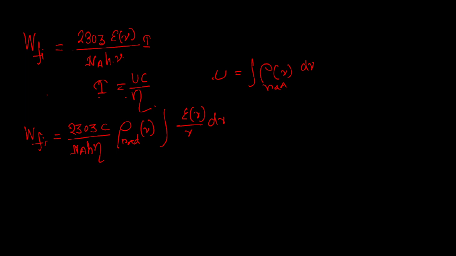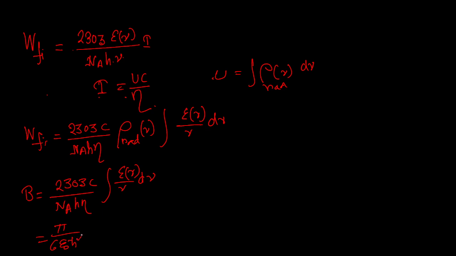Now you can equate it with the B value, so the B value also becomes like this, and eventually it gives the TMI value as something divided by 2.